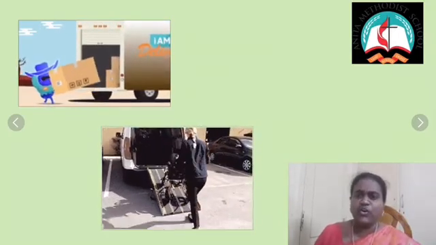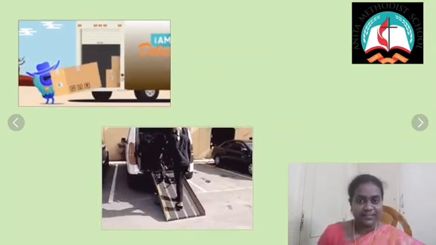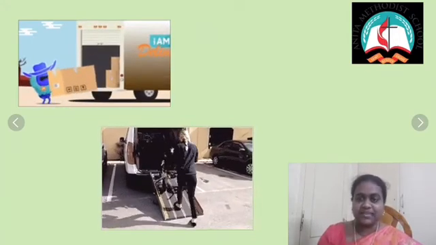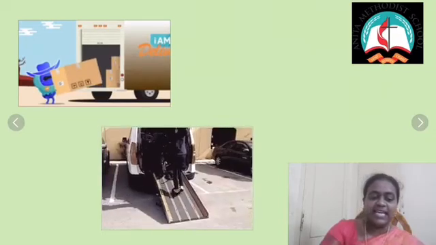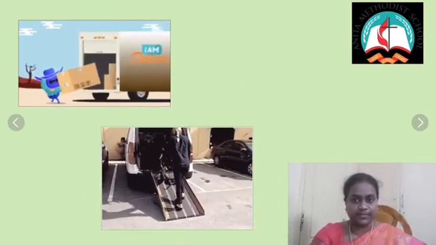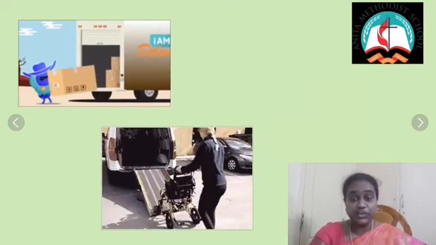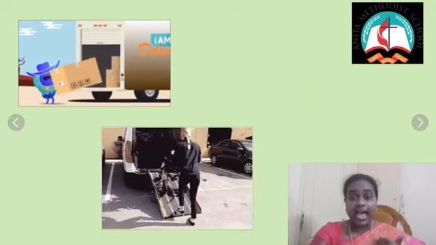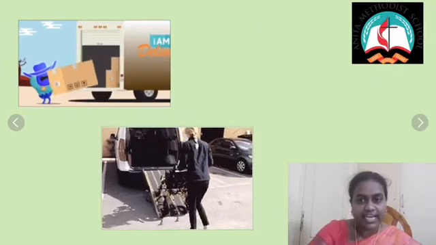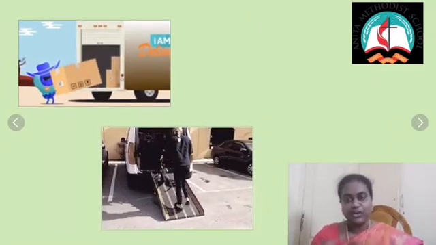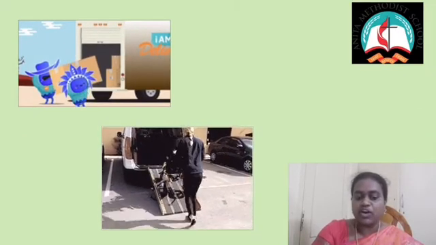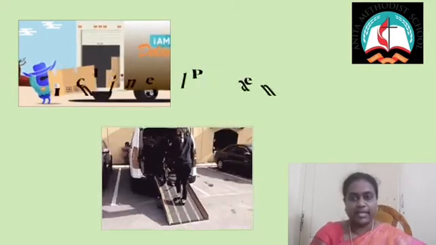Who is doing an easier work, children? Think. Yes, you're right. This lady is doing an easier work. She's using a flat slope surface to pull a luggage from the truck to the road. So, this is called an inclined plane.